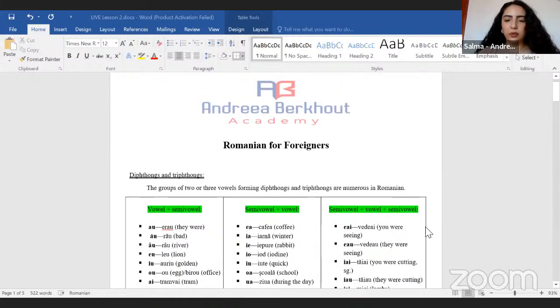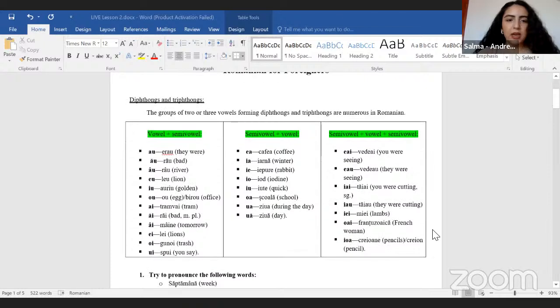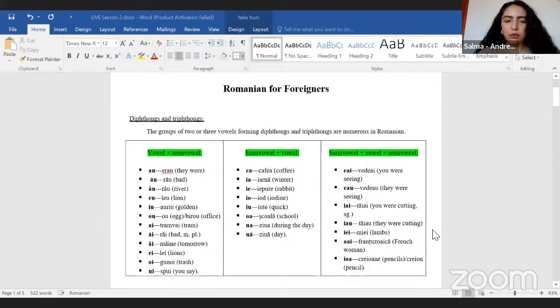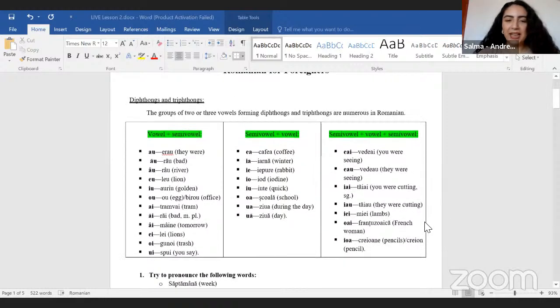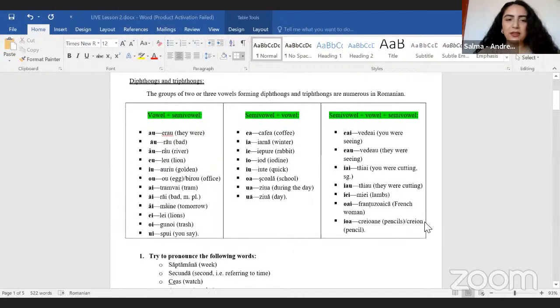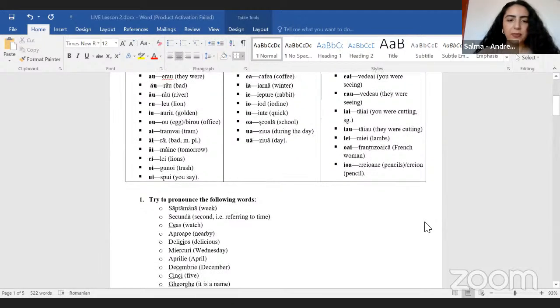Okay, let me give you a brief introduction of what we are going to discuss today. We are going to continue to discuss some phonetical aspects because what we've gone through last time was just a brief part of what really happens in this language. It has its own specificities as every language goes, but we are going to talk about them today and you will see that it is not very complicated.